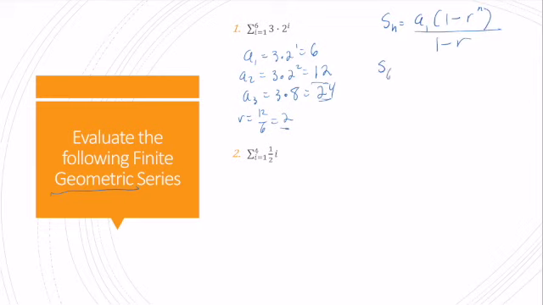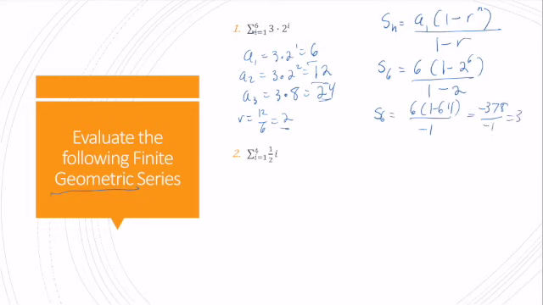This gives me S sub 6, which is equal to a sub 1, which I found, 6, times 1 minus 2 to the 6, over 1 minus r, which is 2. So I have S sub 6 equals 6 times 1 minus 64 over negative 1. That gives me negative 378 over negative 1. So the sum of my first 6 terms is a positive 378.